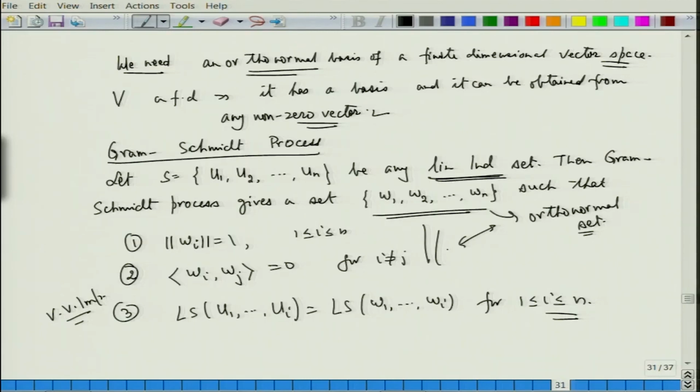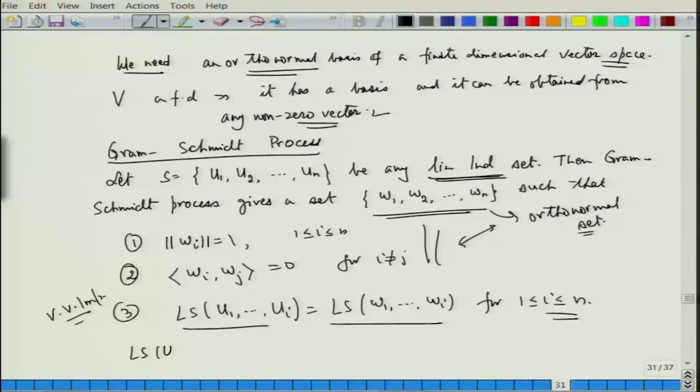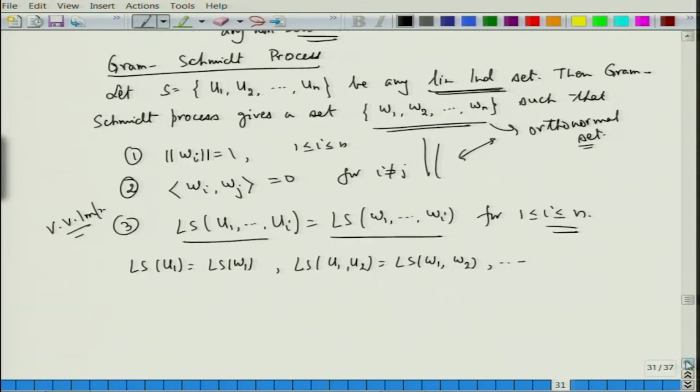What is extra in this process is that the linear span is maintained. The linear span of U1 is the linear span of W1, the linear span of U1, U2 is equal to the linear span of W1, W2, and so on. At each stage the linear span is maintained. And the idea of the proof is just using projections. So, let us try to prove this construction.